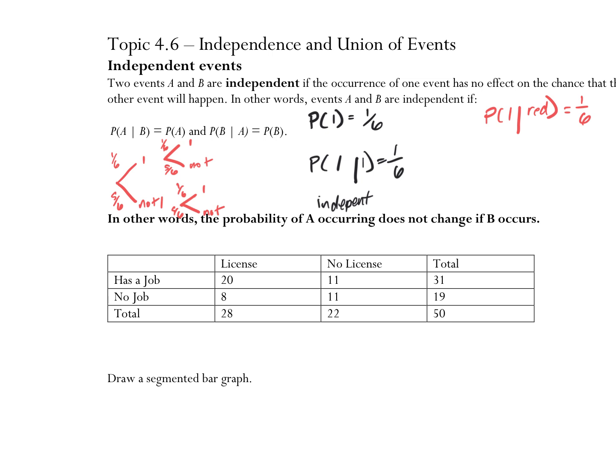Everybody good? What would the tree diagram look like for the second one? Well, the first thing that would have happened is drawing a red card or a black card, right? What's those probabilities? 50 and 50.